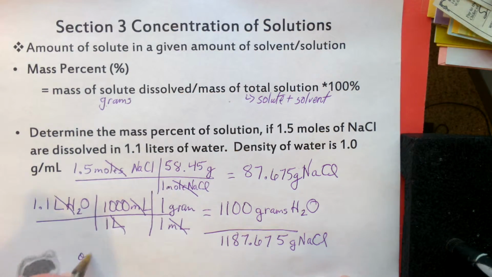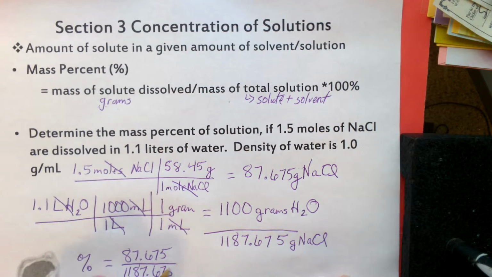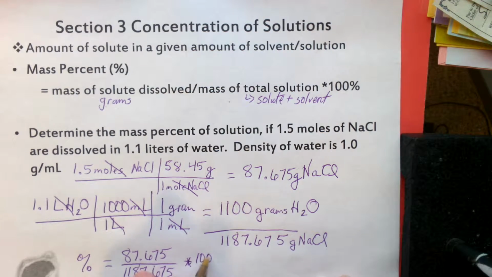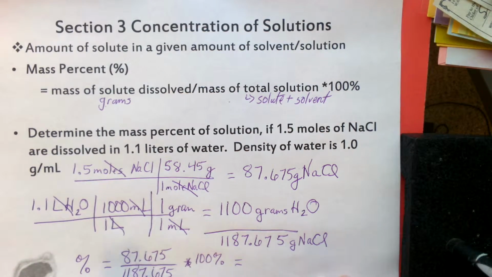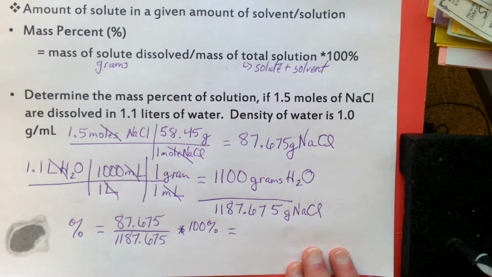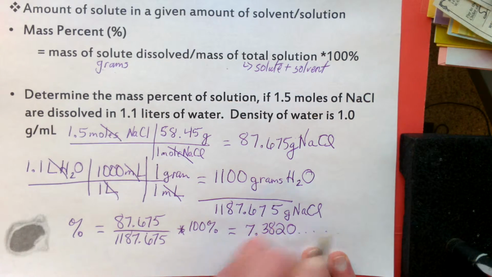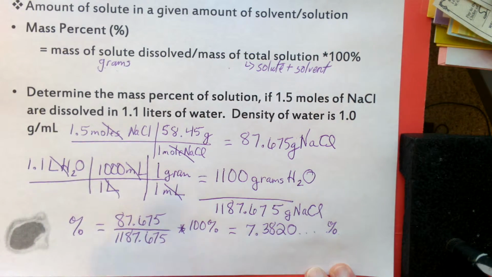Now the mass percent is going to be equal to 87.675 divided by the 1,187.675. Then we multiply by 100 for the percentage marker, or if you like, just move the decimal 2 places to the right. That works just as well. When we do this, we get something like 7.3820, and it just keeps going and going with decimal placeholders.